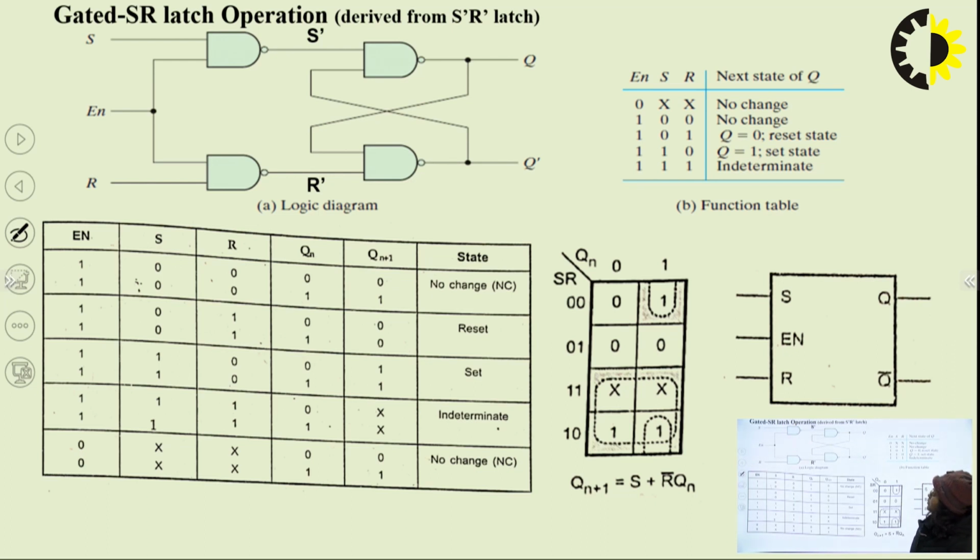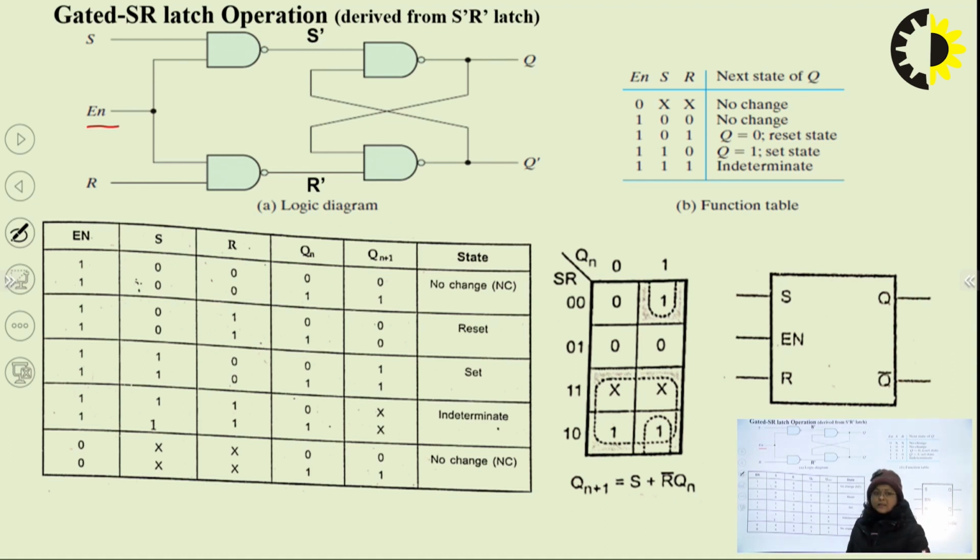Now, when we talk about the gated SR latch, as we have seen, the previous working is a 1-bit memory cell. If we have to make it an entire latch or flip-flop, we have to give it a clock or enable signal, which is called a gated circuit.